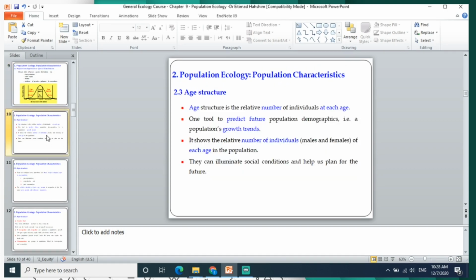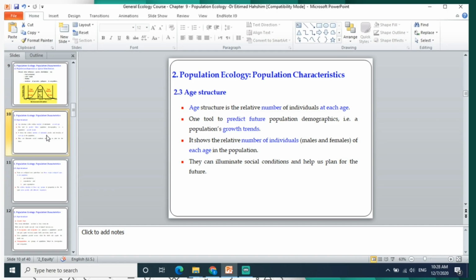So we spoke at the beginning about dispersion as a population characteristic; now also age structure. Age structure is the relative number of individuals at each age, and it is one tool to predict future population demographics and growth trends, how this population is growing. It shows the relative number of individuals, males and females, of each age in a population.